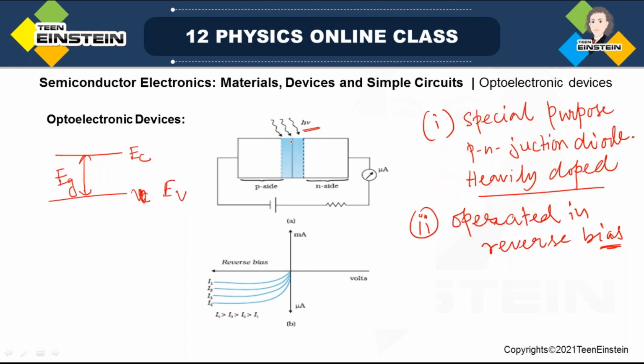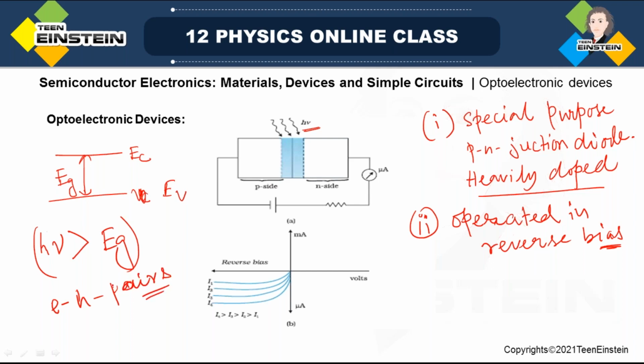Now when a photodiode is illuminated by a photon having energy h nu, if the h nu energy is greater than the band gap energy, then what happens? There will be generation of electron and hole pairs, E for electron and H for hole.